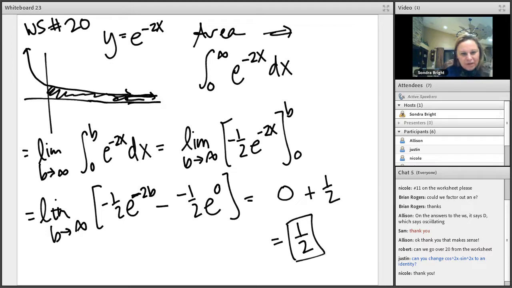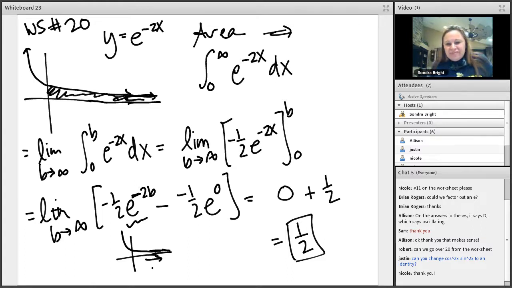Truly, here's what you should be doing. Honestly, I plug in infinity, and I shouldn't. You're not really supposed to plug in infinity. But this graph looks like this, and as b is going to infinity, your y value is getting closer and closer to 0. So that's why that guy zeroes out. And then 0 times negative 1/2 is still 0.